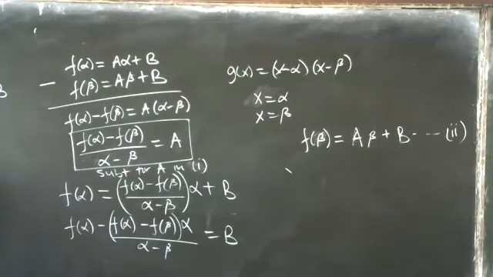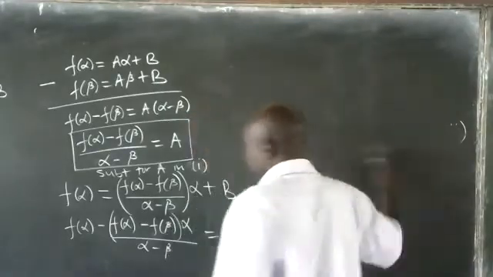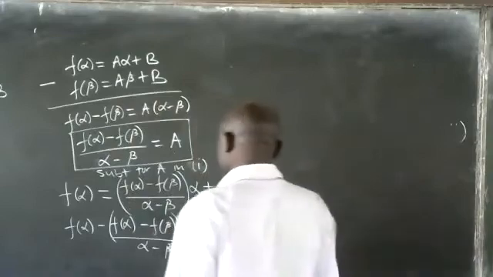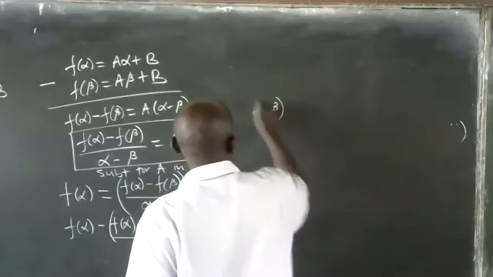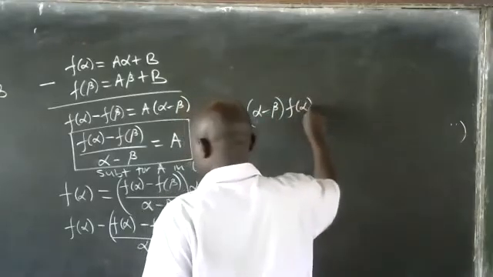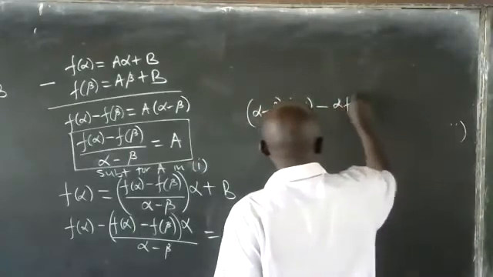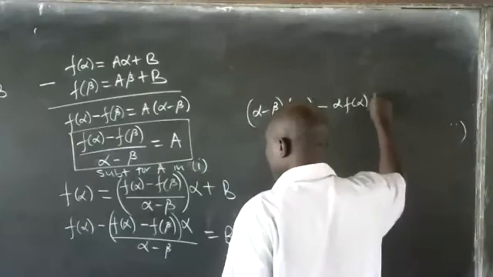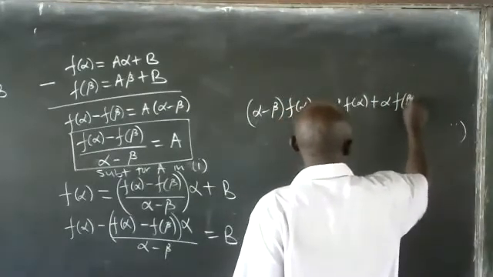So we put on the same denominator here, and see whether we can simplify further. We are putting on the same denominator, and we shall have alpha minus beta times F alpha, minus alpha F alpha plus alpha F beta.